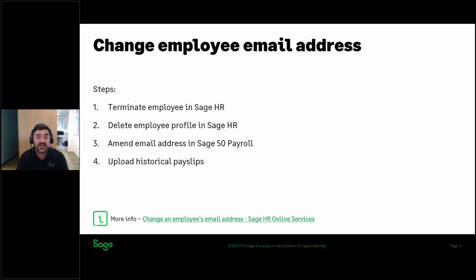You can then change the email address in Payroll. And then if you go into your online services settings and upload historical pay slips for that employee, it'll set them up with a new profile with the new email address, and you'll have added the historical pay slips at the same time. So I won't go through that in the demo, but I have linked to our step-by-step guide should you ever need to change an employee's email address.